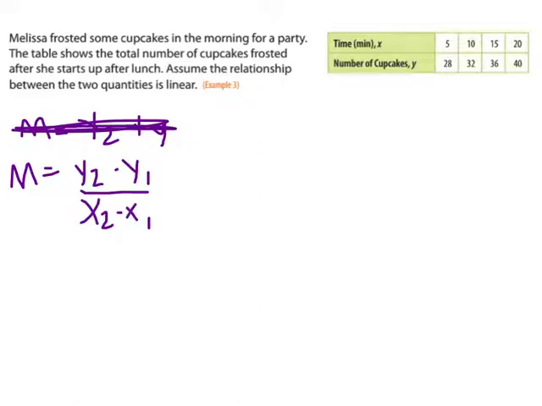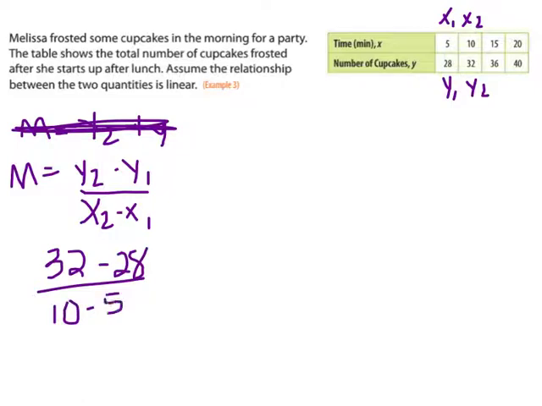So this is my x1, x2, y1, y2. So I have 32 minus 28 over 10 minus 5, which is 4/5. So my slope is 4/5.